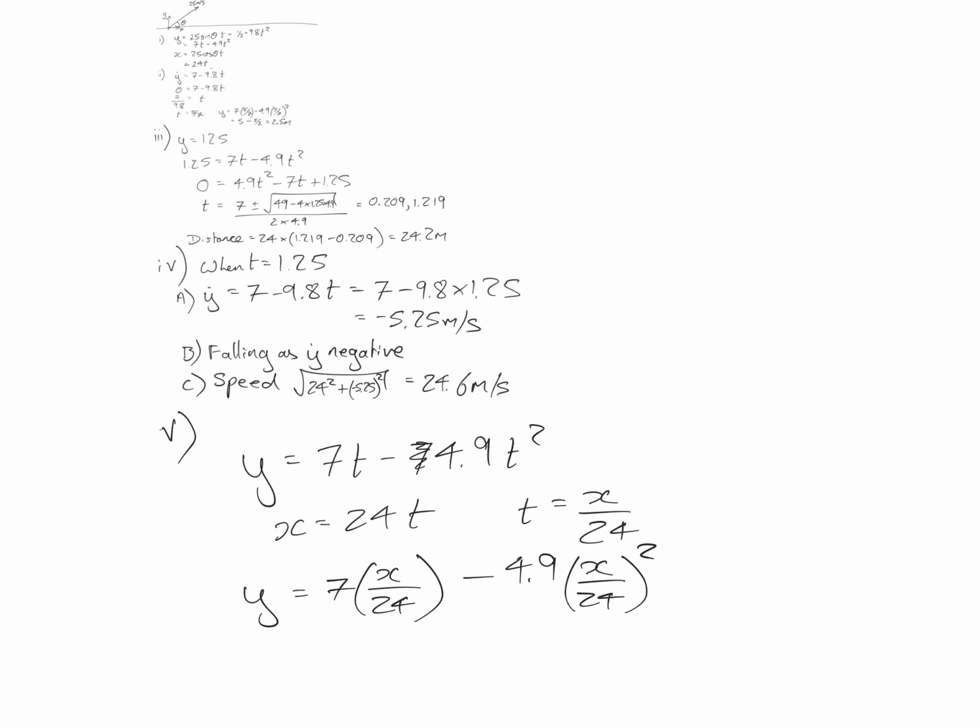And okay, so we're going to take 0. They want us to take, it's bizarre, but 0.7x times 24 squared out, and we're going to take 24 squared out.